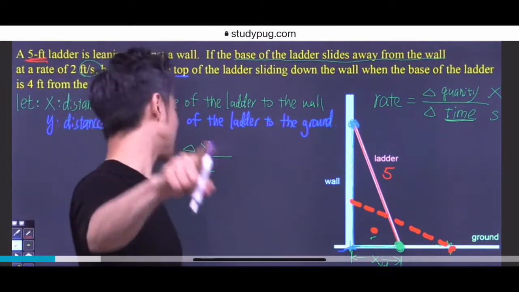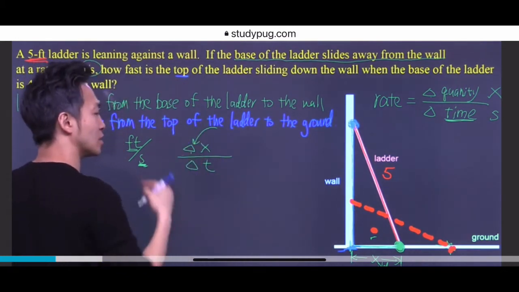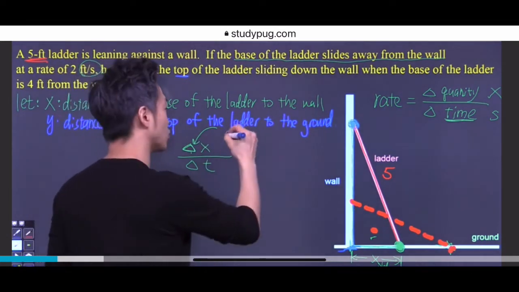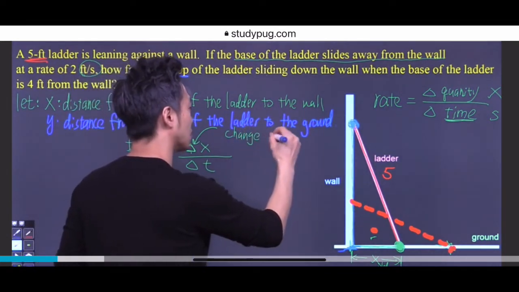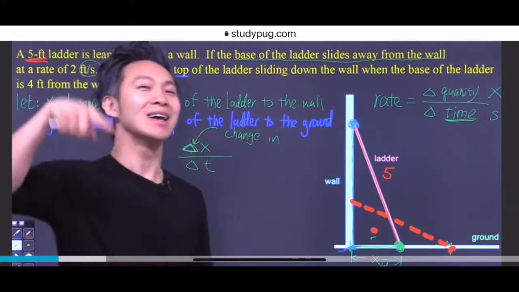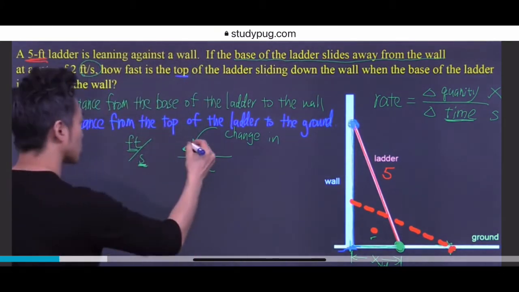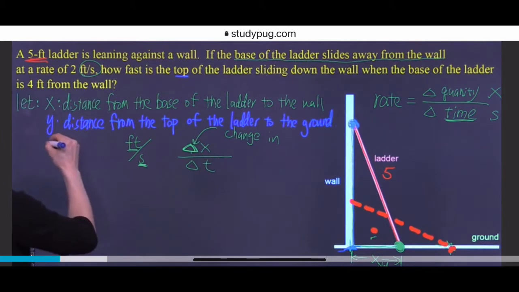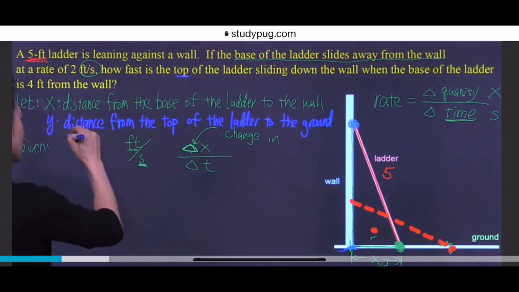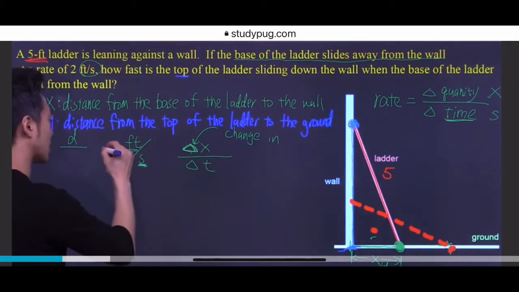Now in calculus, change in is denoted as what? The triangle symbol means change in. Now in calculus, change in is denoted as d, for derivative or differentiate. So up at the numerator we have change in x, dx.